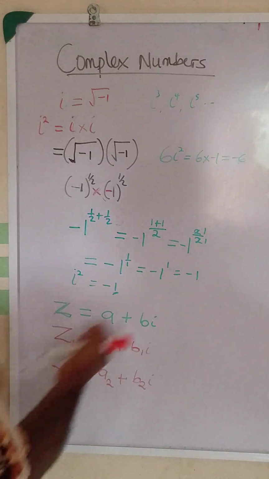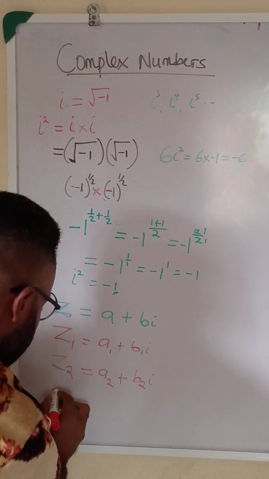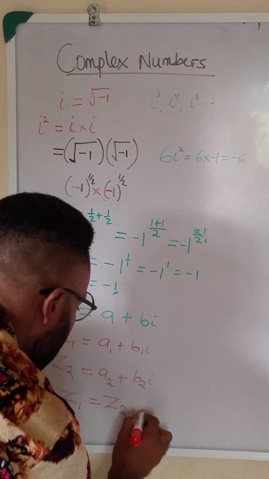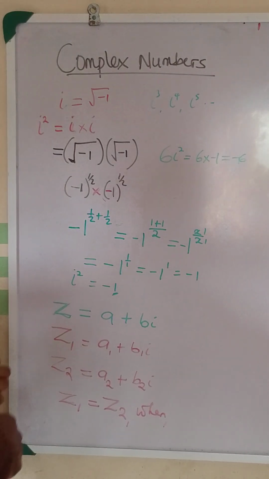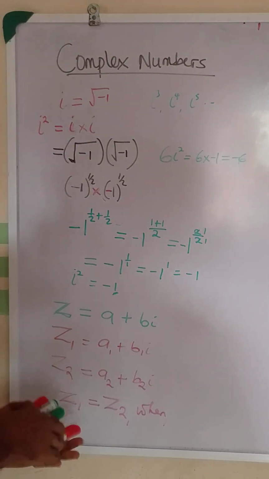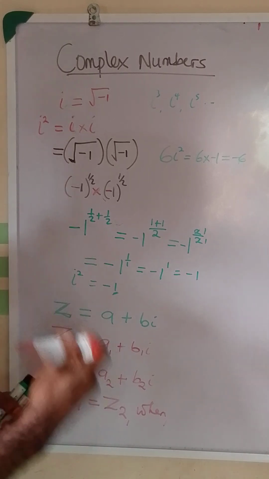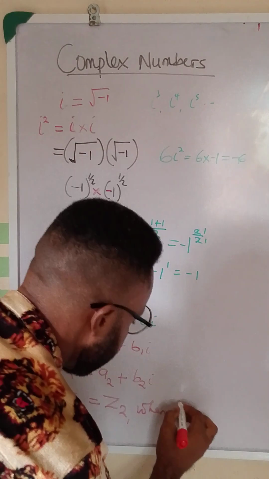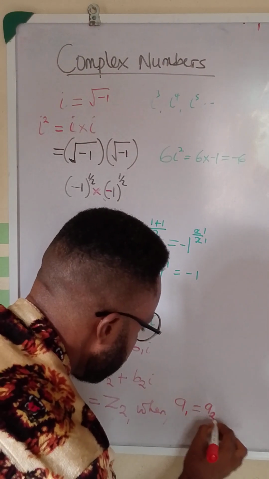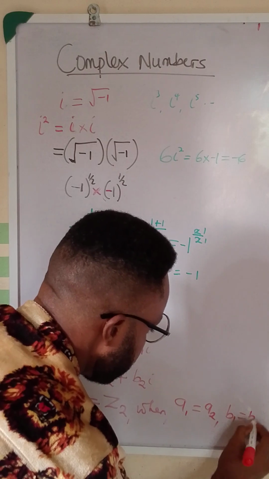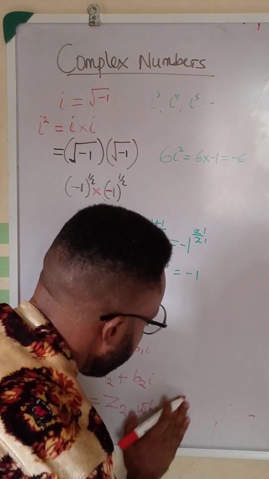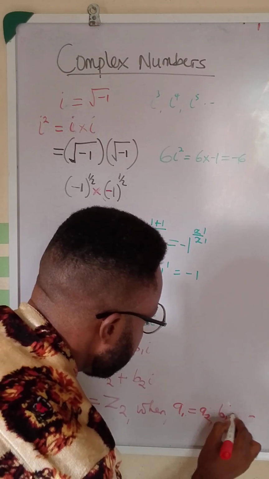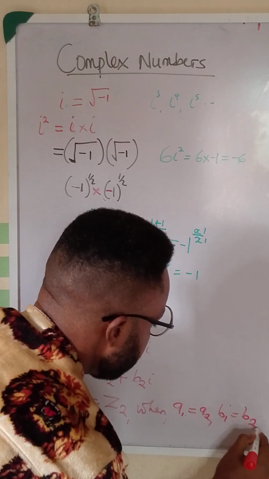With this relationship, you can only say that z1 is equal to z2 when you have that a1 is equal to a2 and b1 is equal to b2.